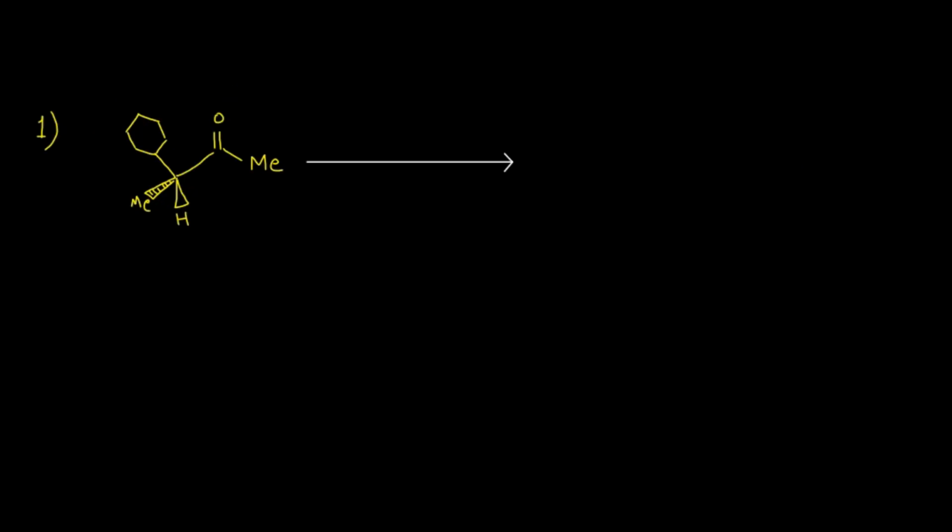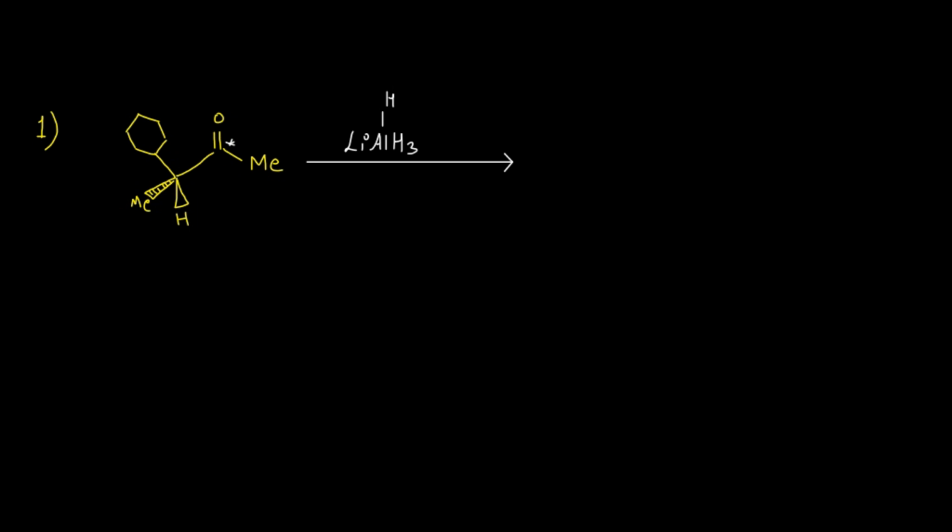Now let's do some practice problems. What will happen in that case? Say this is your species. So I'm taking lithium aluminium hydride here. If you are taking lithium aluminium hydride, I am writing H3, and one of the hydrogens I am writing in that manner because I need this hydrogen to actually reduce that particular center.